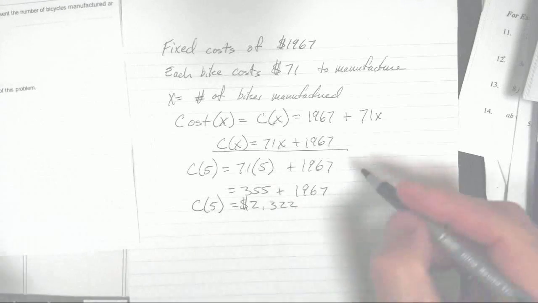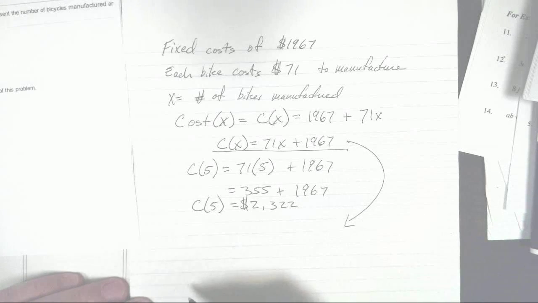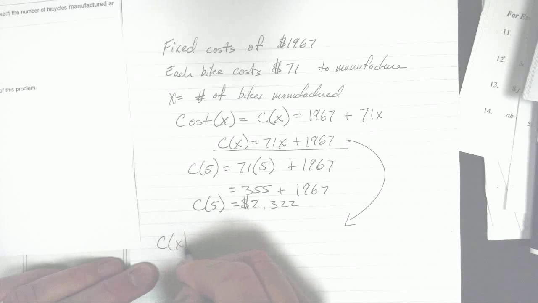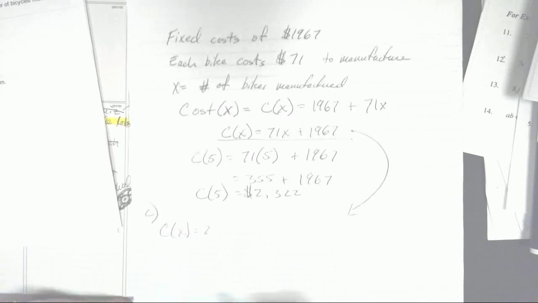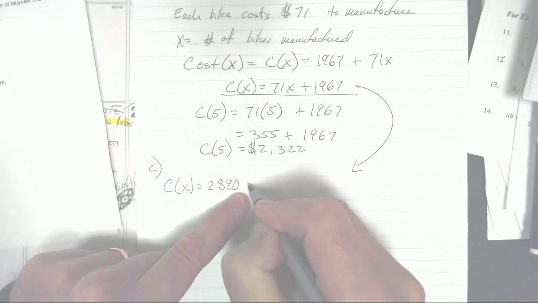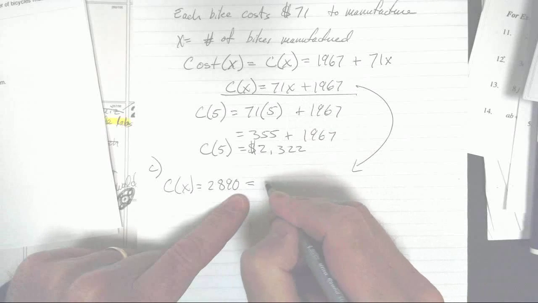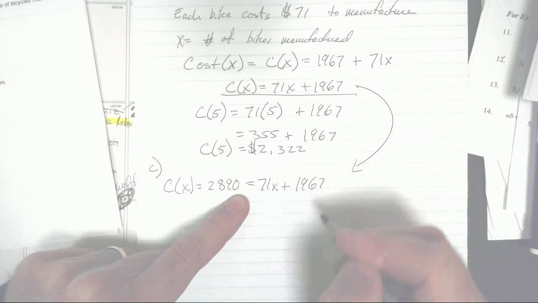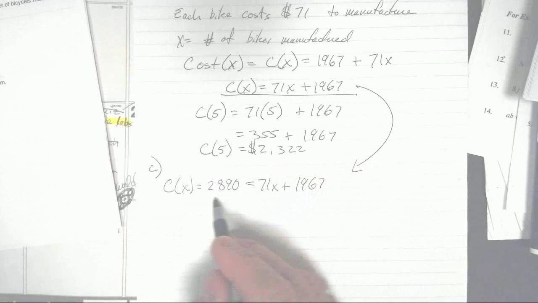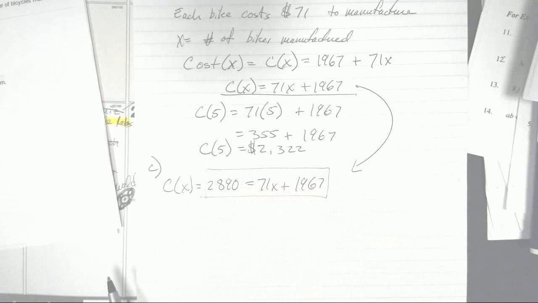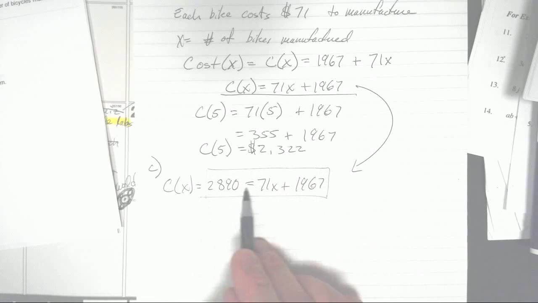So let's go back to this original equation, come down here, and we're going to say C of X, in this case we're saying it's equal to 2,890, which equals, right, still equals this up here, 71X plus 1,967, right? Okay, so now what are we going to do? We have an equation, and we want to solve for X. We want to determine what X is when the cost is 2,890.